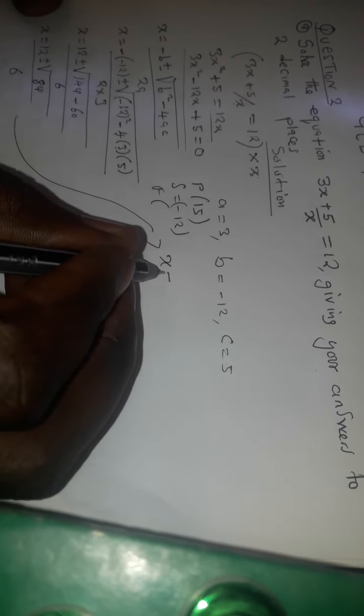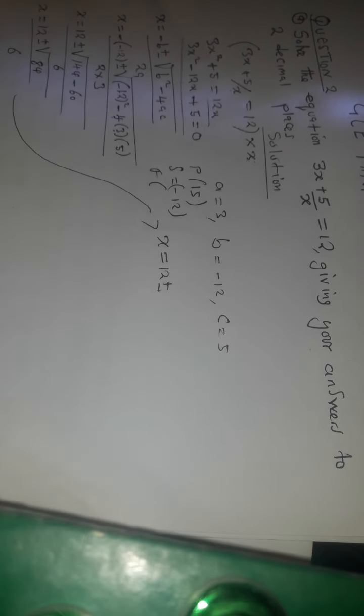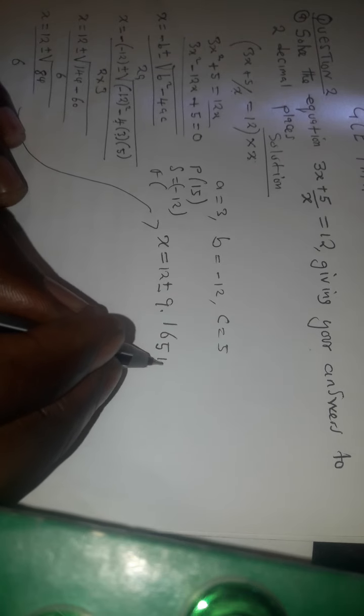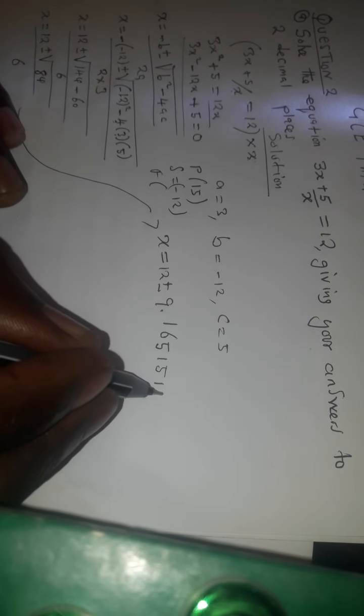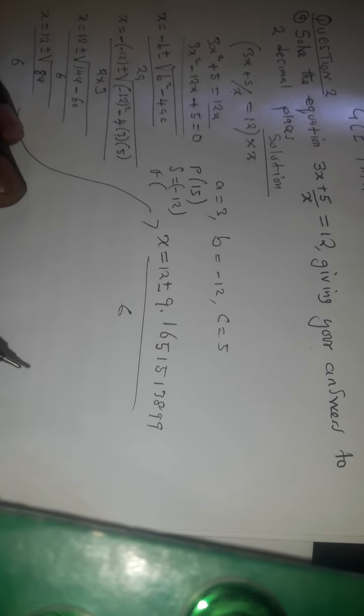Okay, so x will be equal to 12 plus or minus the square root of 84, which is 9.1651513899, divided by 6. So our x will be equal to, we now try to split them.